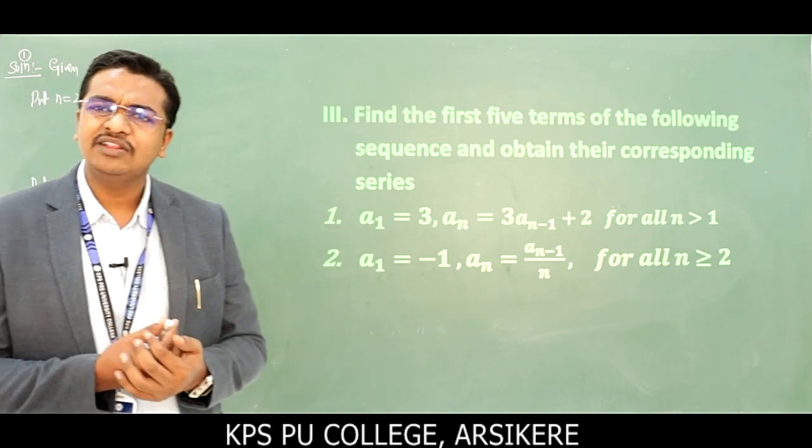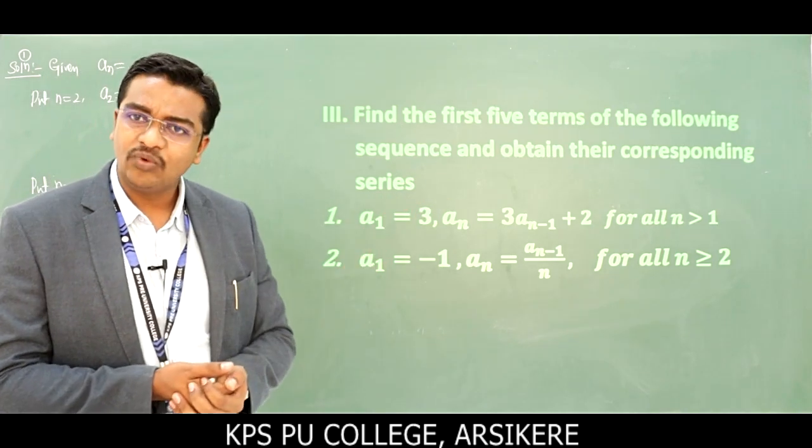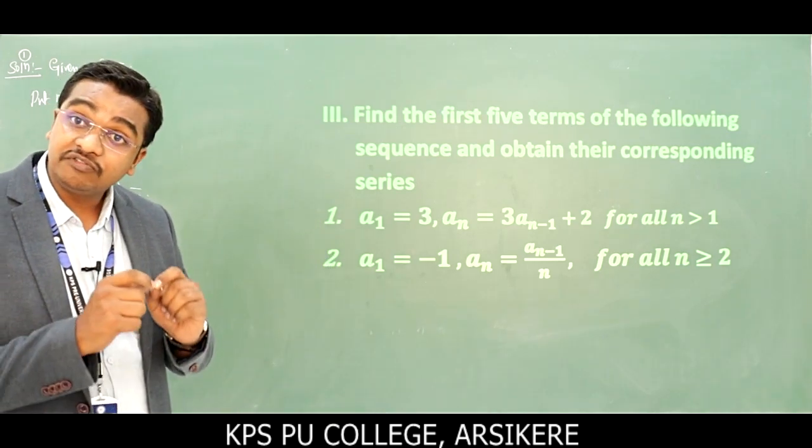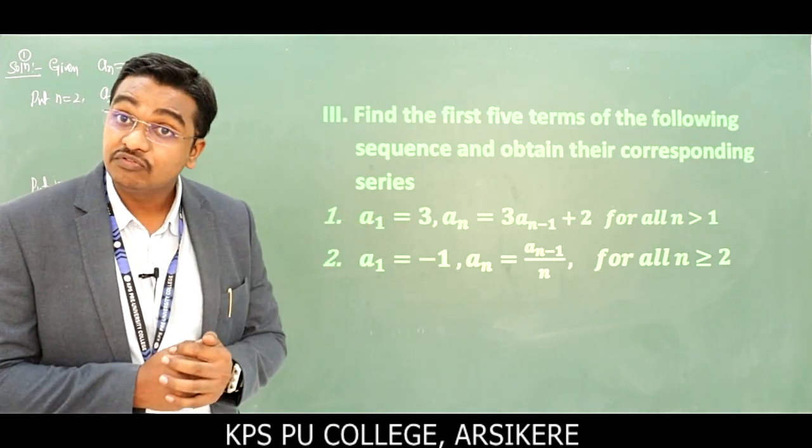It means start with 2. Previously it was greater than 1, here greater than or equal to 2. Here we need to find the first 5 terms. The first term is already given, so the rest 4 terms.